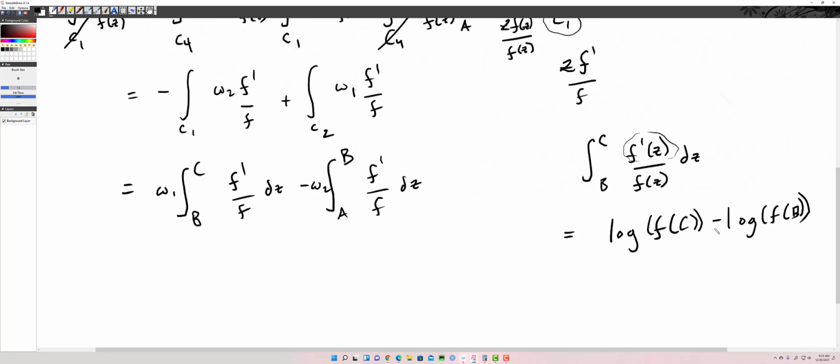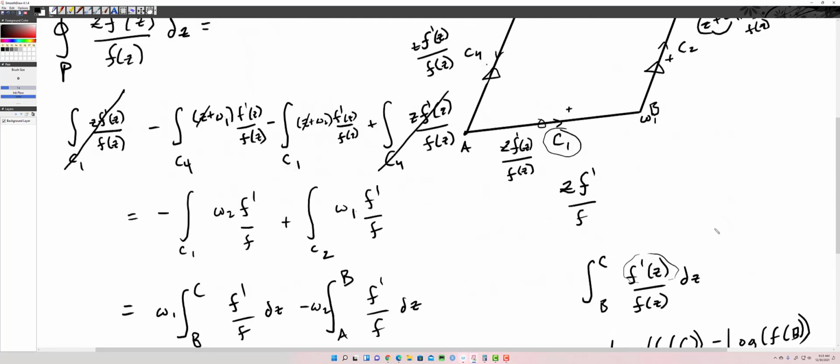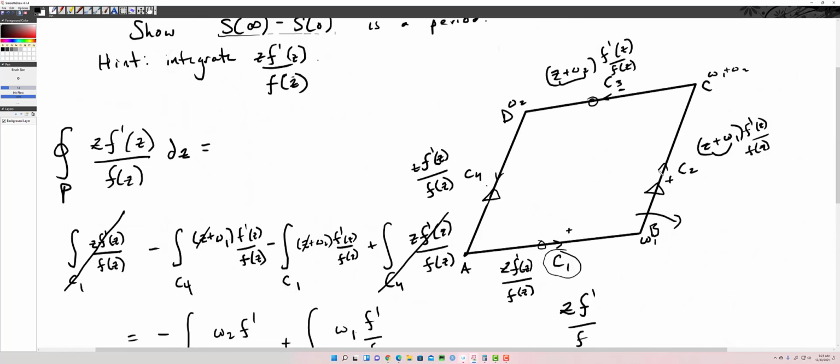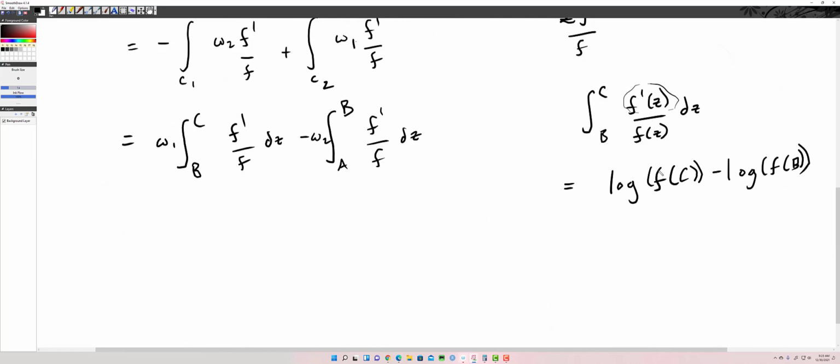Now, this function's elliptic, and if I'm at a pole, let's say that these are poles here, I could scoot this over just a little bit so there's no pole there and so that it's well defined. So I don't have to worry about hitting a pole.